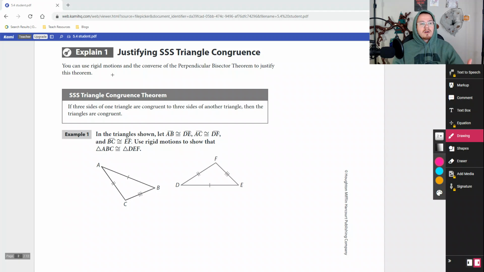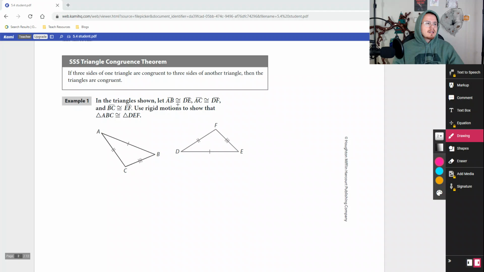So you can use rigid motions and the converse of the perpendicular bisector theorem to justify the theorem. In the example, we have two triangles, and they set it up by saying we're going to let line segment AB be congruent to line segment DE. You see the tick marks, 1, 2, and 3. Each one matches with the one that it's congruent to.